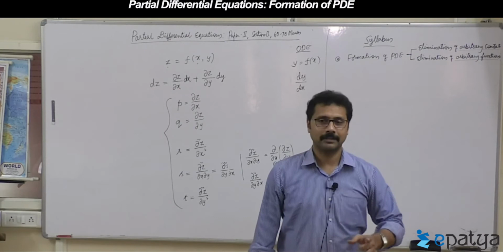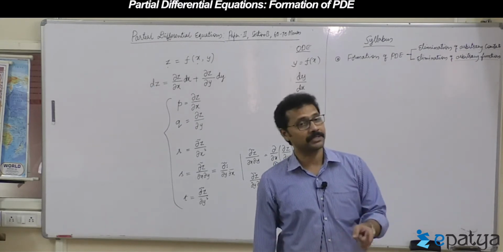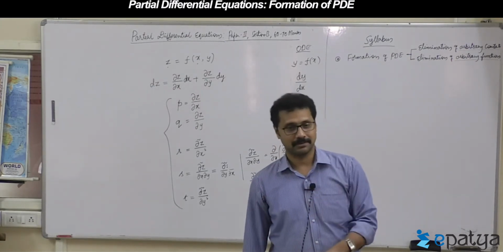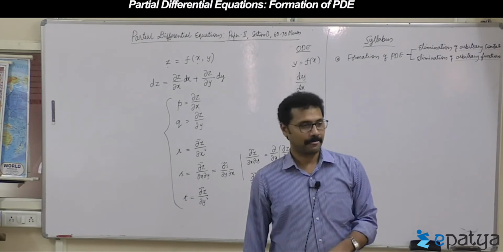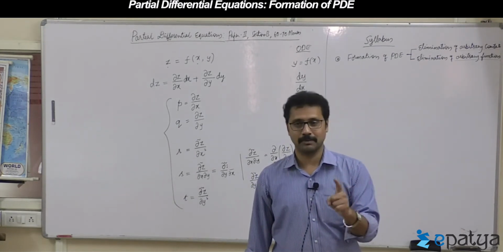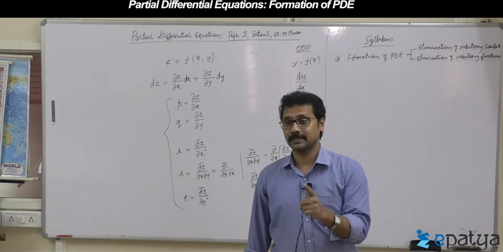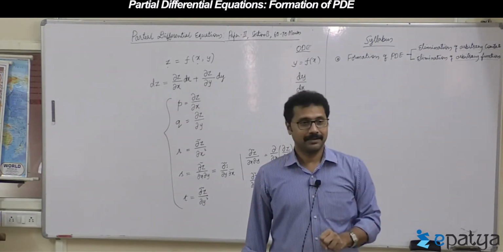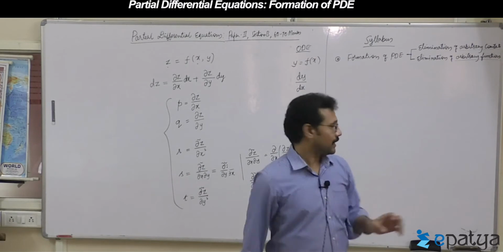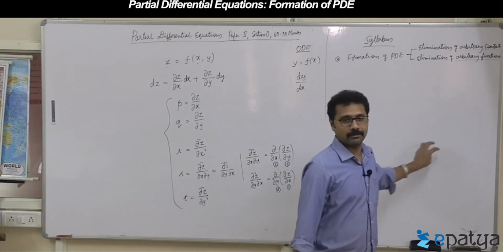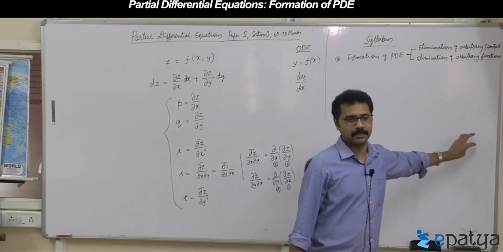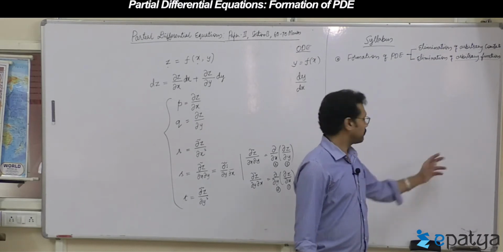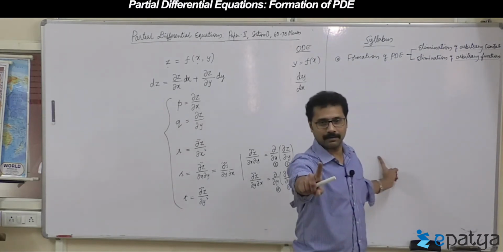A curve in three-dimensional geometry is always the intersection of two surfaces. Straight line, suppose (x minus x naught)/l equal to (y minus y naught)/m equal to (z minus z naught)/n. So the first two terms, if I take, is a plane.